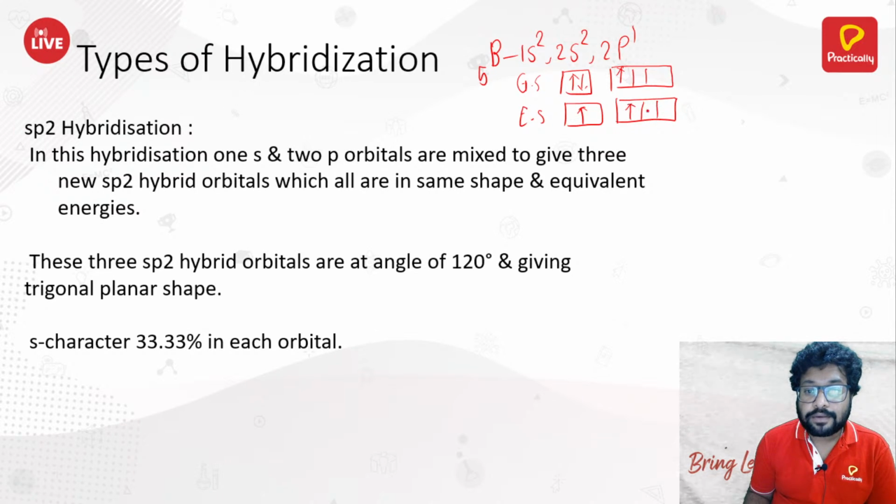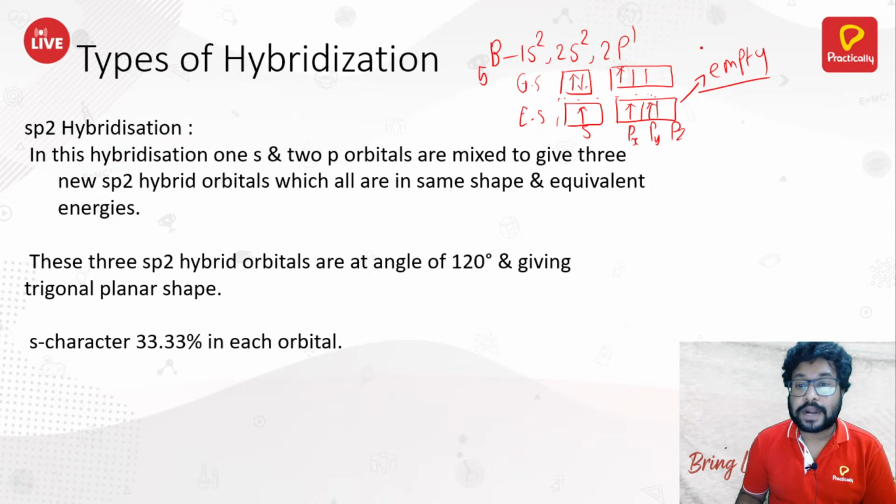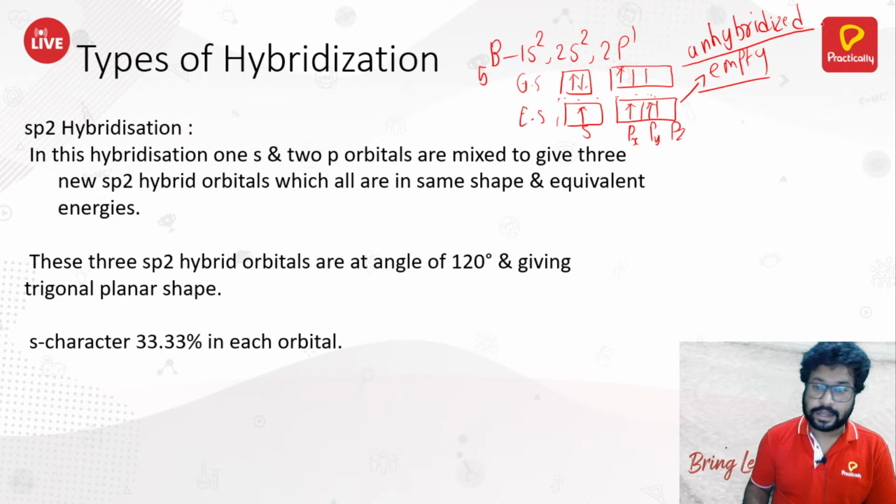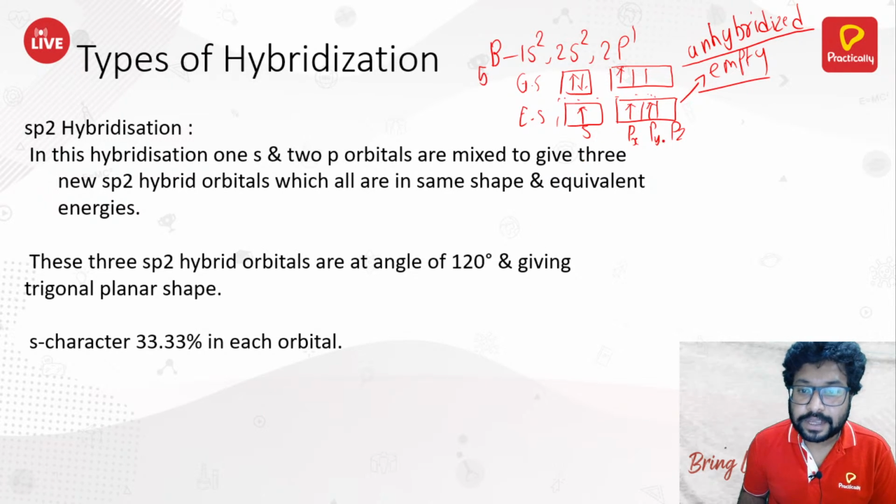So now you have three electrons: s, px, py. Let's consider this is pz. This pz is empty, and since it's empty, it does not take part in hybridization. It's unhybridized.